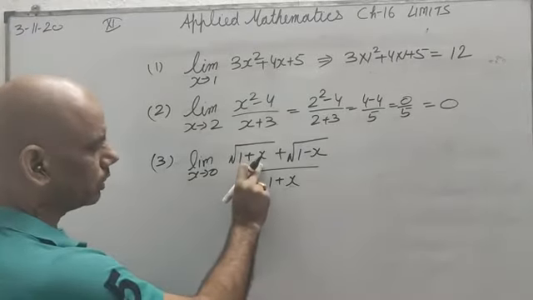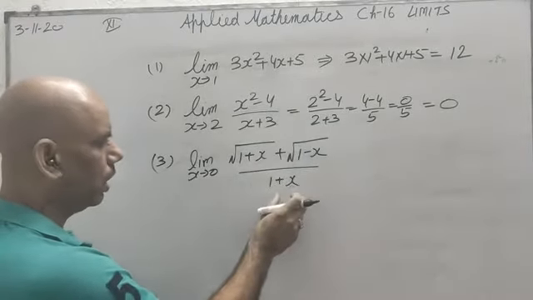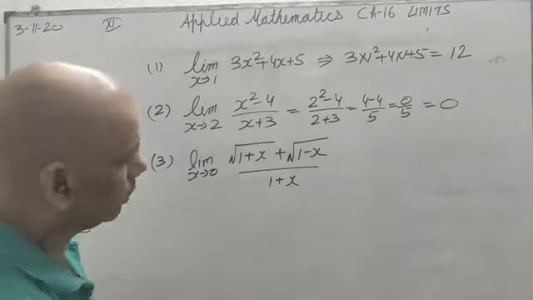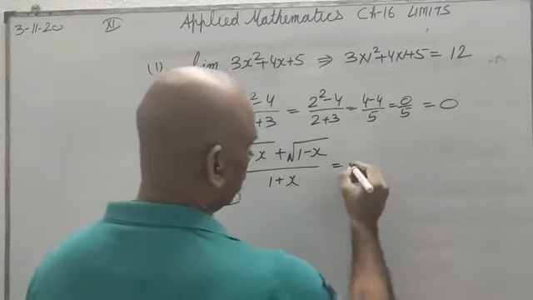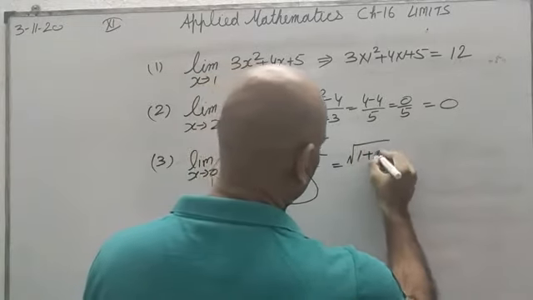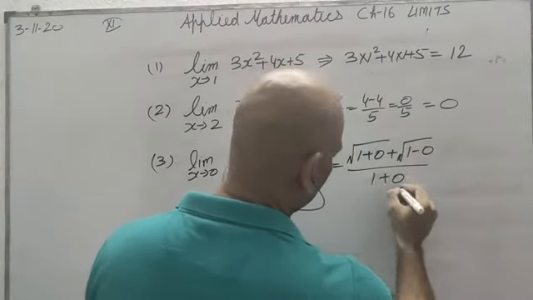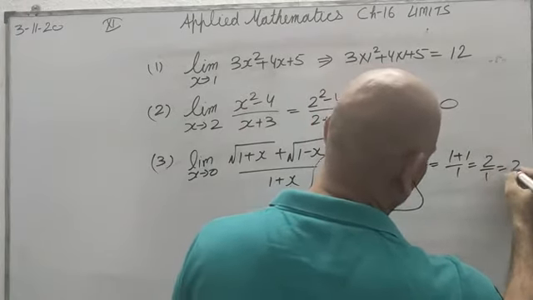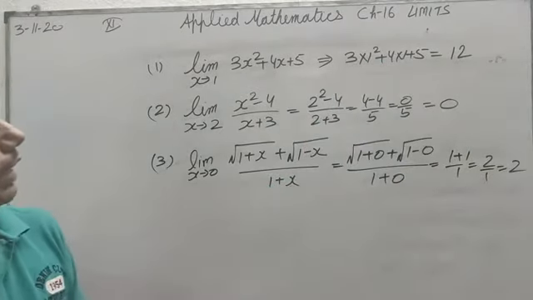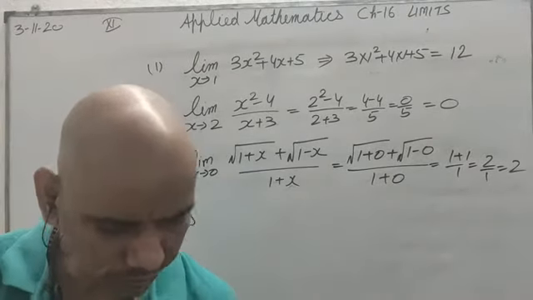If I substitute 0 here, it will be 1 plus 1, 2 upon 1. So it is not 0 upon 0. Yes, I can substitute the limit directly in this question. So it is 1 plus 0, 1 minus 0, 1 plus 0, 1 plus 1 upon 1, 2 upon 1. This way, in the direct method, you will solve the question.